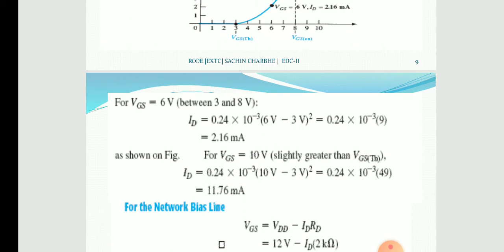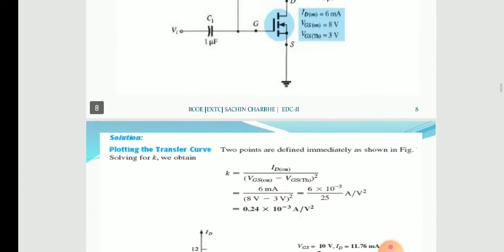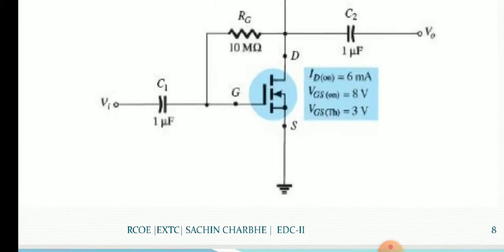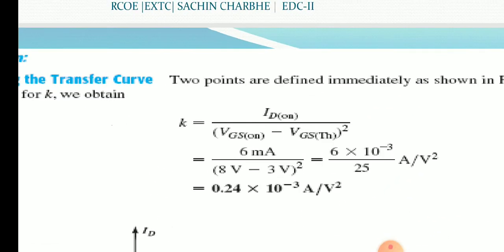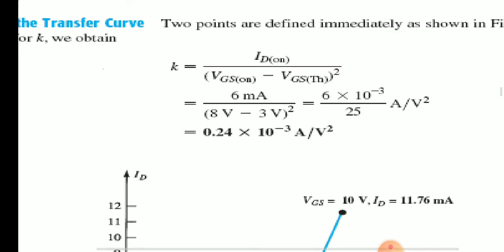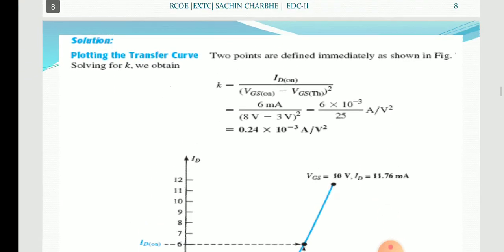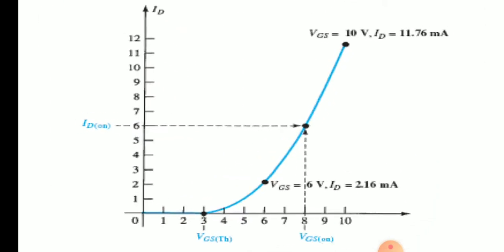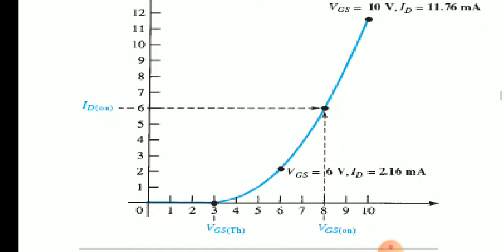Here we cannot use Shockley's equation. There is another drain current equation, that is K into (VGS minus VGS threshold) whole squared. That equation we explained in previous PPTs, in detail at the time of explanation. In a similar way you can plot the graph between VGS and ID.